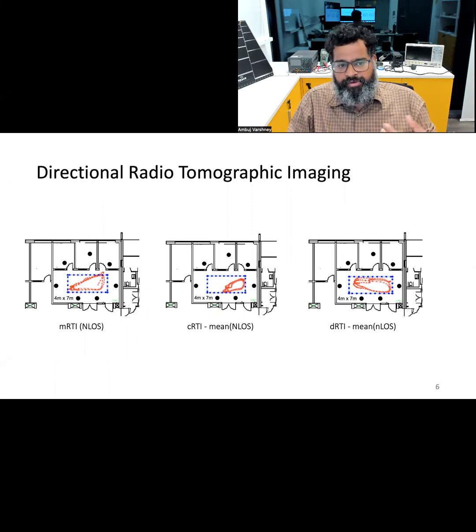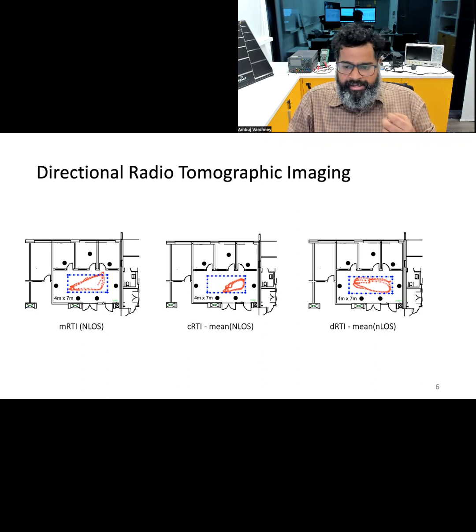This is precisely what we did in this study. We conducted an experiment where we placed a number of IoT devices or sensor nodes that were wirelessly transmitting packets. The black circles indicate the locations of the sensor nodes in the experiment setup, and the blue dashed area indicates the ground truth, or the path that was traversed by the person. A person was walking across this blue path, and the red area indicates the estimate that we calculated based on this radio tomographic imaging system.